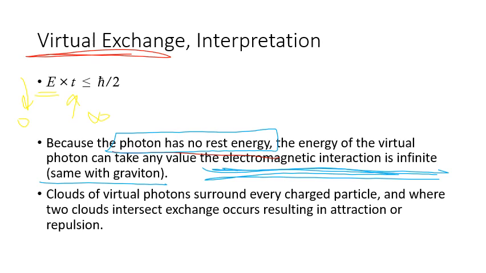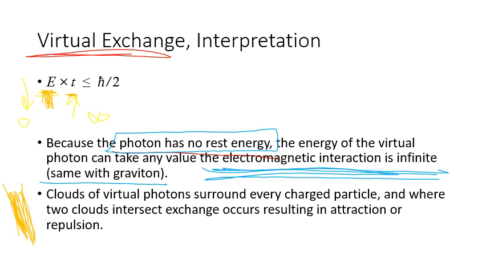What you have to imagine is that any charged particle is surrounded by a cloud of virtual photons, and this cloud is infinite in extent. But as soon as the time starts to go up, as soon as the distance starts to get large, the energy becomes almost nothing. So although theoretically they're infinite in extent, in reality the extent of our cloud of virtual photons is very tiny, because if it becomes large, this energy becomes too small to worry about.